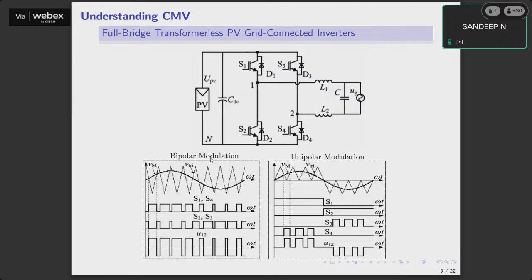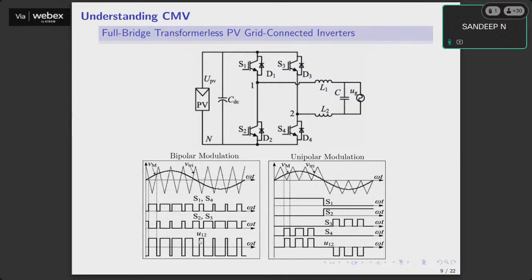That is called bipolar modulation. Why bipolar? Because the output voltage has two levels, either UPV or minus UPV. For example, if UPV is 100, the output swings between plus 100 and minus 100. At the start you have a smaller pulse, then gradually the pulse increases, then reduces again, just like how the sinusoid varies.